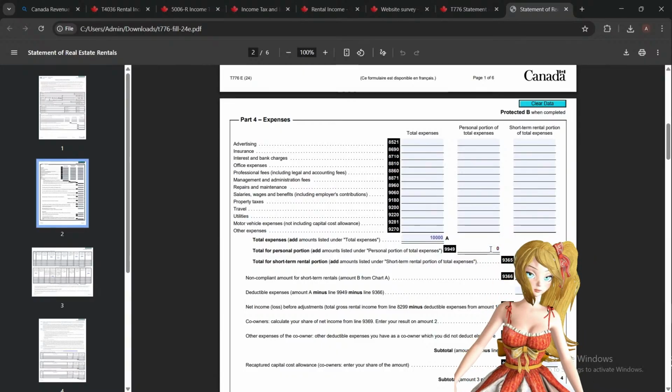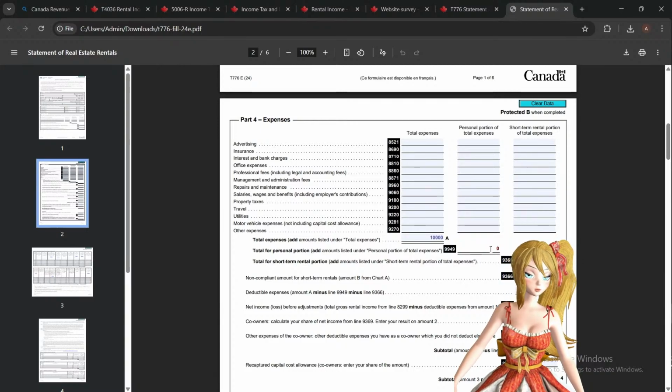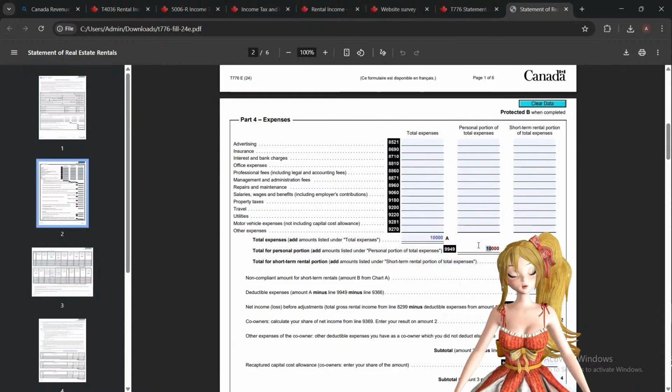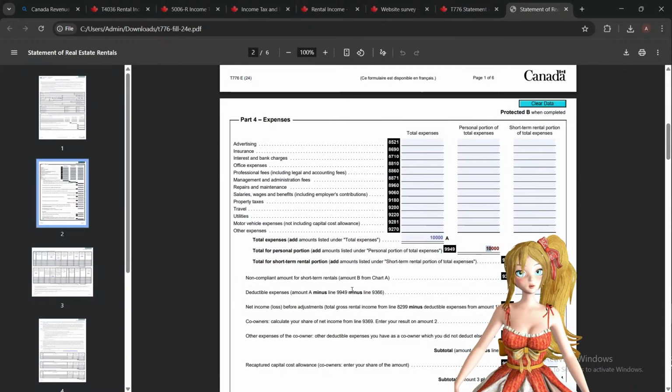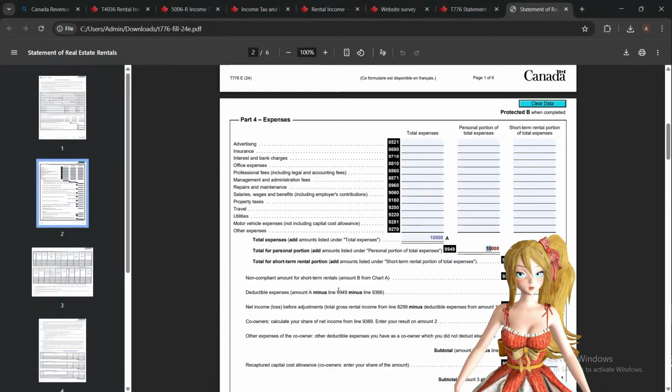Now that's not realistic, because let's say I'm the only person living here. Okay, so if I'm the only person living here, my personal expenses are 10,000. I paid 10,000. So my deductible expenses are total minus personal amount is 0.